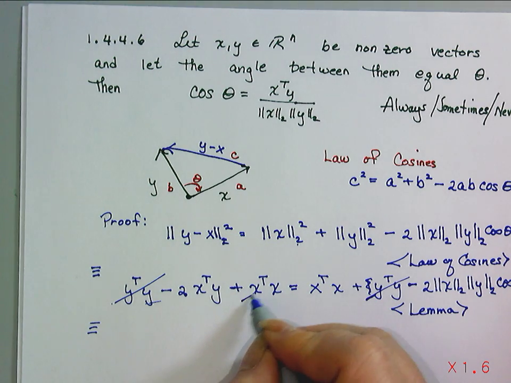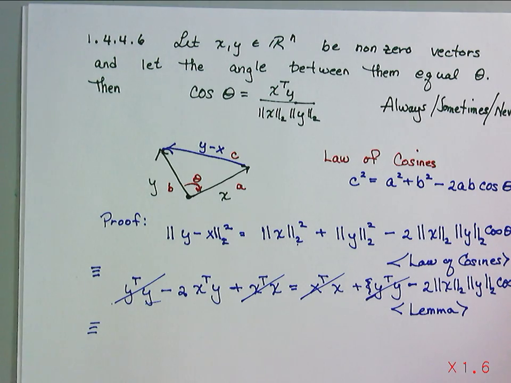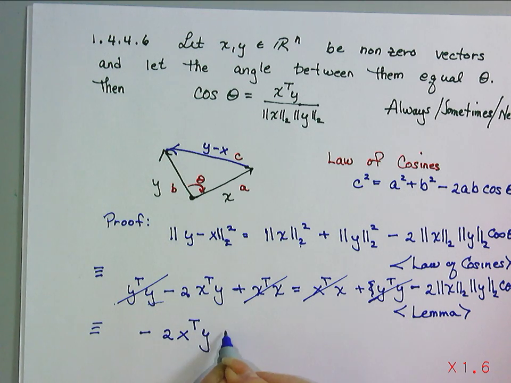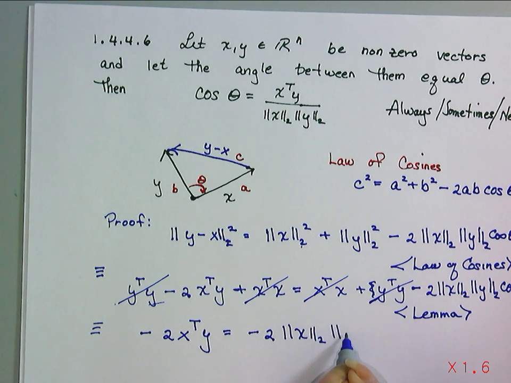We have an x transpose x on the left-hand side and also on the right-hand side of our equation. And we're left with minus 2 times x transpose y is equal to minus 2 times the length of x times the length of y times the cosine of theta. And this is the case just because of arithmetic.